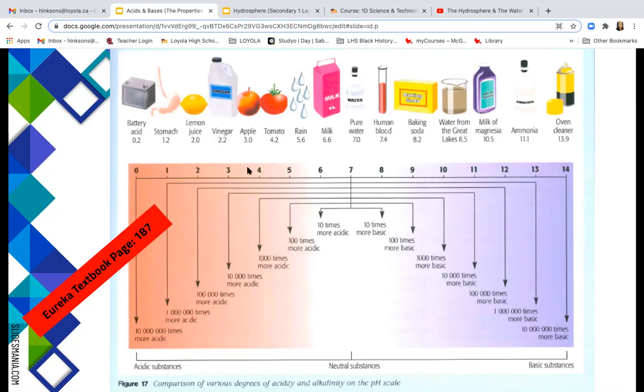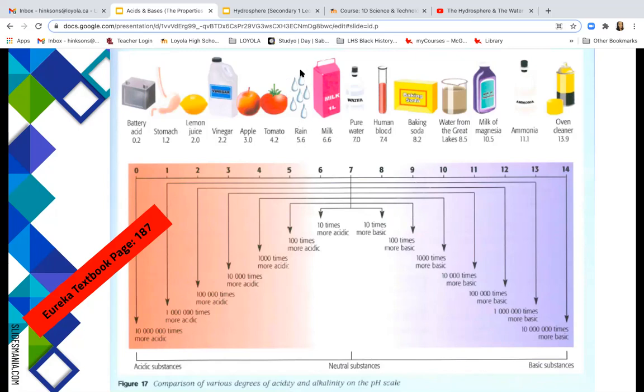So again, this is a page in your textbook. You see that human blood is slightly basic, not very basic, because it's very close to pH of 7, which is neutral, like water, but it is more to the right, so it is considered a base. Milk is acidic. It is just a little bit below pH of 7.